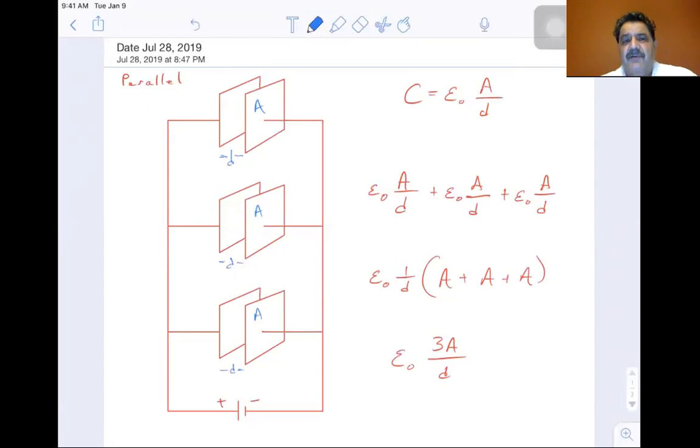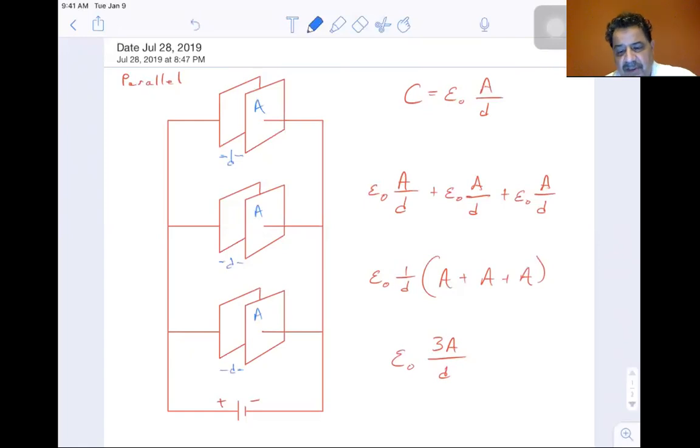So if C is equal to epsilon 0 A divided by D, we see that we have epsilon 0 A over D once, plus epsilon 0 A over D twice, plus epsilon 0 A over D a third time. Well, using the distributive property, we can say epsilon 0 times 1 over D times the A plus A plus A. Well, that's epsilon 0 times 3A over D. You can see that the area just adds.